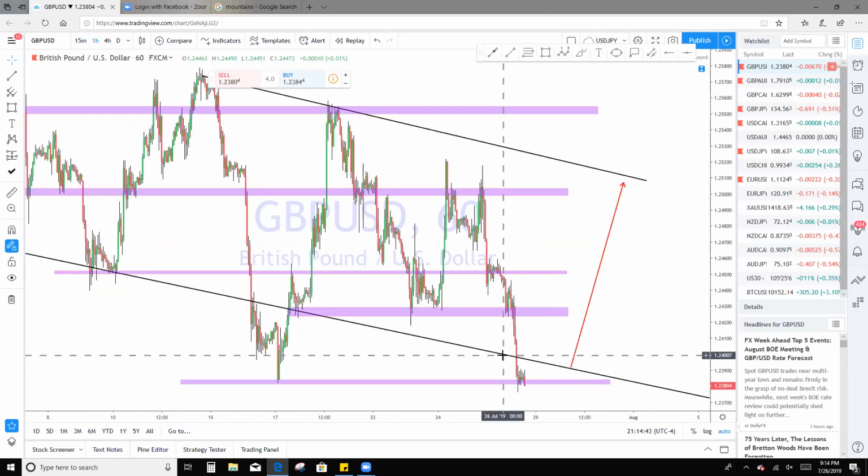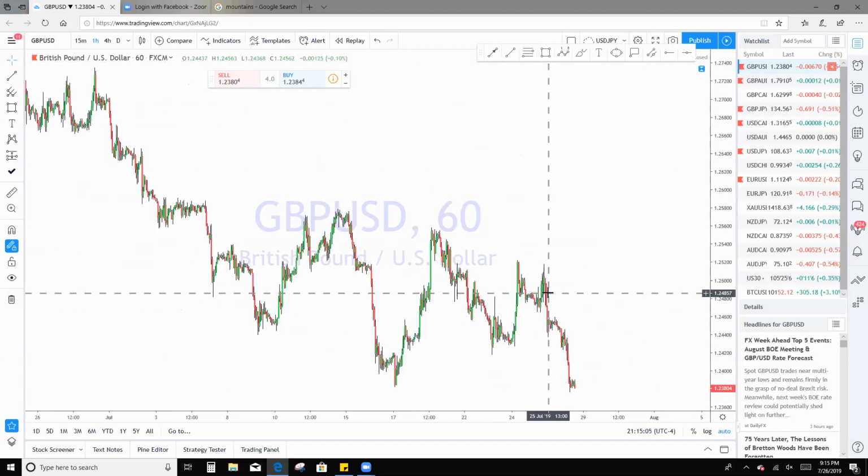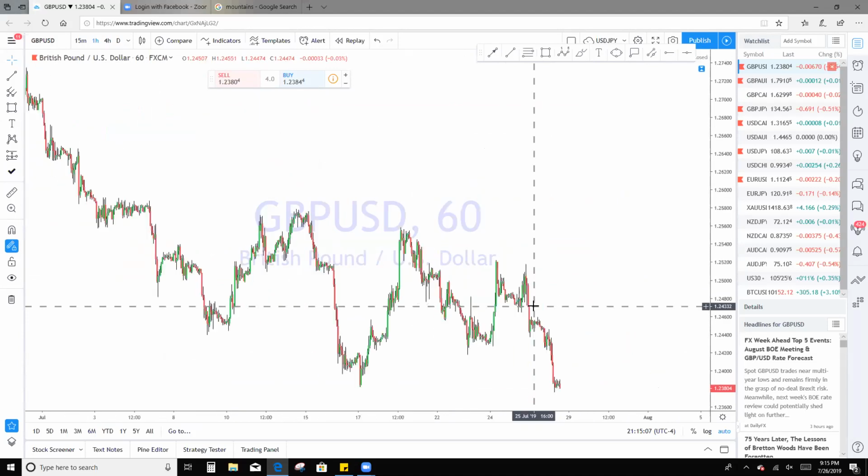So when we're talking about those three basic rules, I'm going to show you guys an easy way, if it's hard for you to understand how to draw your support and your resistance. I'm going to show you an easy way you can clearly identify your support and resistance. I'm just going to erase everything off my chart here.